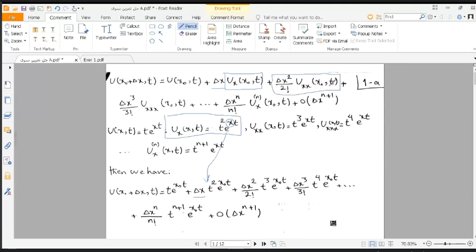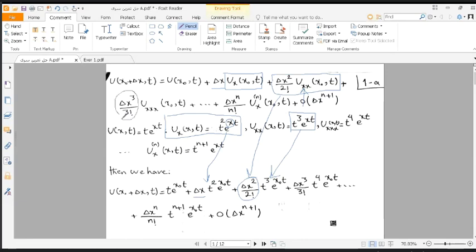And we have delta x squared over 2 factorial, and we put t cubed e power xt instead of uxx, and we put x0 instead of x, and we have t cubed e power x0 t, plus delta x cubed over 3 factorial uxxx of x0 and t.